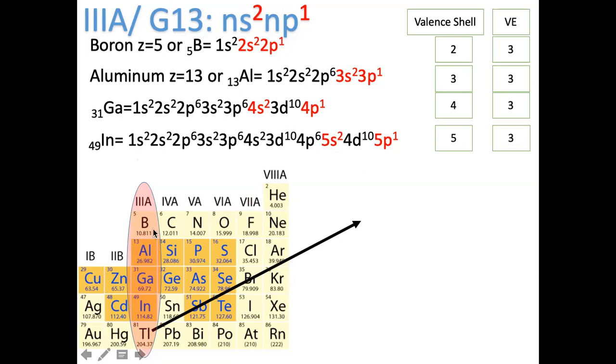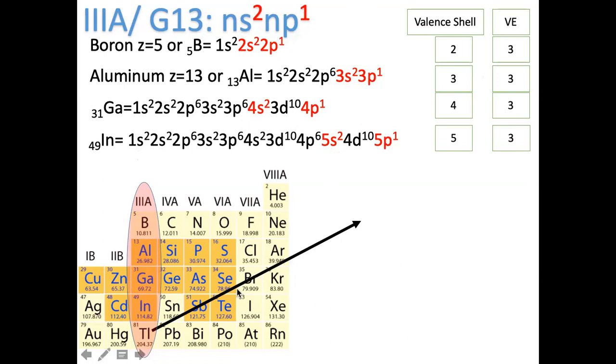So meaning to say, this 3A, we're going to end up in p1. Okay, it becomes 3A, that would be 2 plus 1. Notice the difference. So the valence electron here is 3. Why? 2 plus 1, that would be 3. The valence electrons are in the highest main energy level.